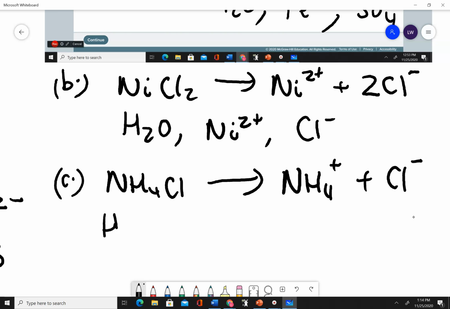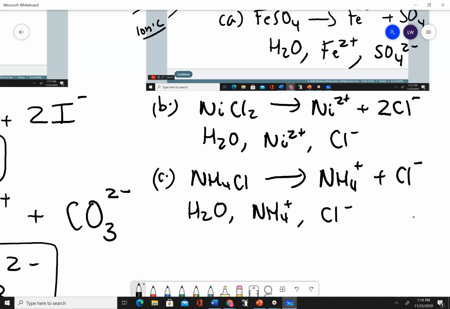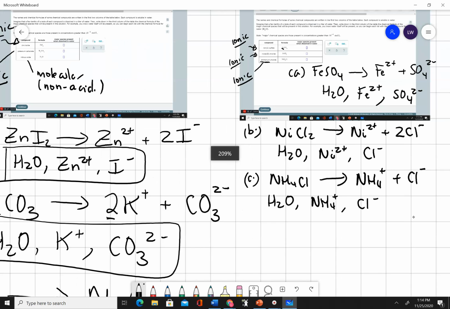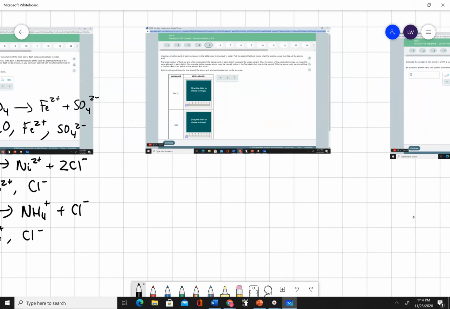So the major species present will be water, ammonium ion, and chloride ion. And for a polyatomic cation, just like for a polyatomic anion, we don't break those atoms apart. All right, so we had 3 ionic compounds there, and we had a polyatomic anion, and we also had a polyatomic cation, so it makes it a bit more sophisticated than the previous ones.